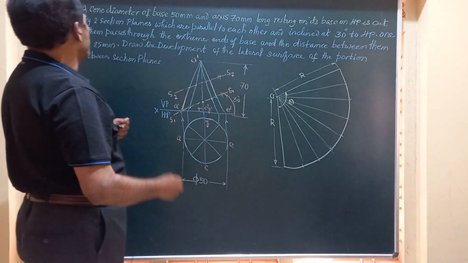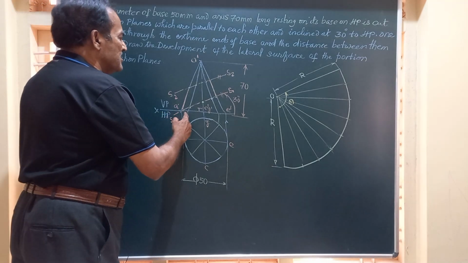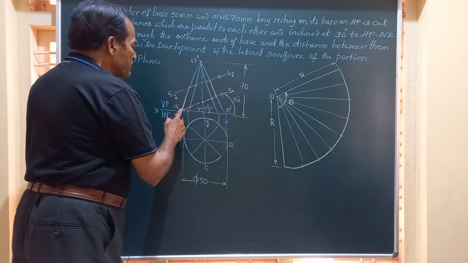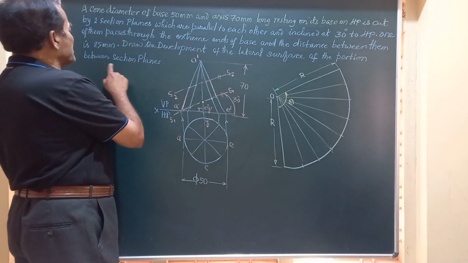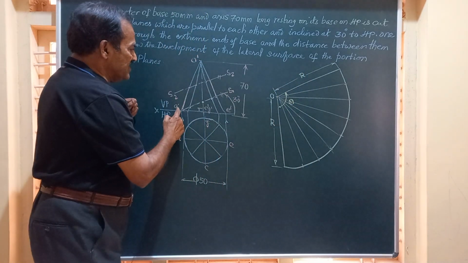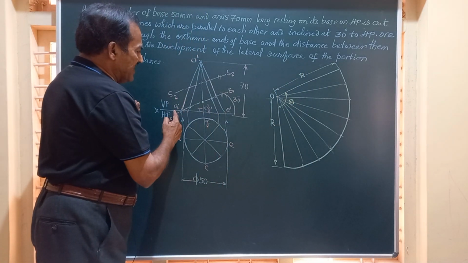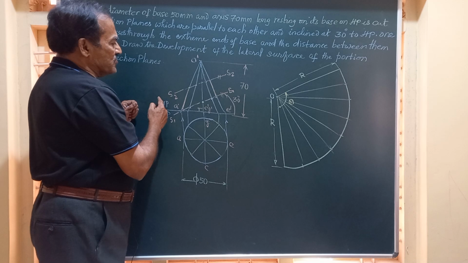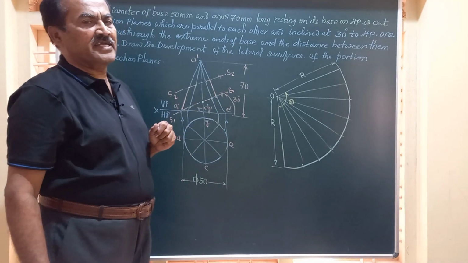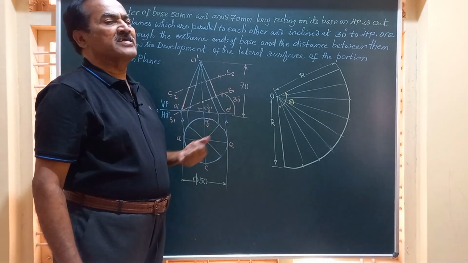And further it is said that one of the section planes is inclined at 30 degrees to HP and passing through one of the extreme ends of the bottom face. Bottom face is A dash E dash. It can be like this or it could be like this also. But I have shown the section planes inclined to the right side, making an angle of 30 degrees.